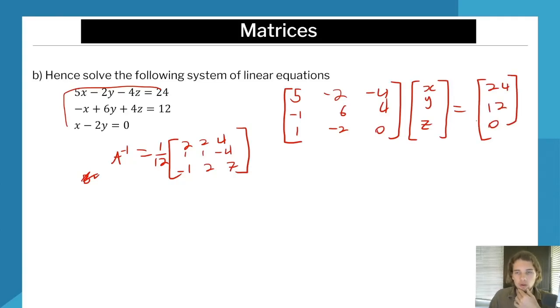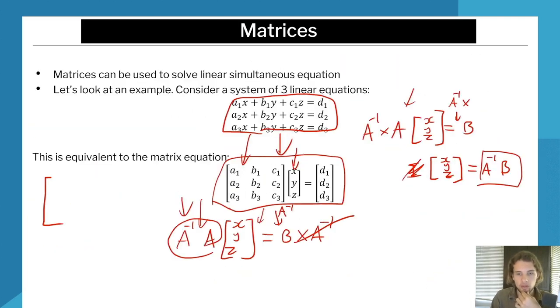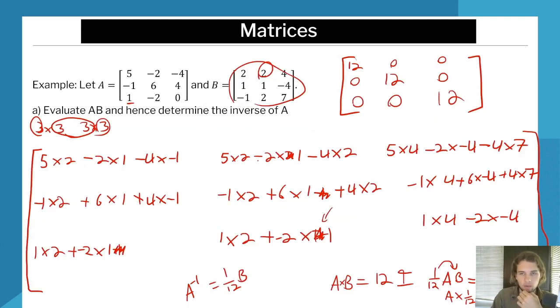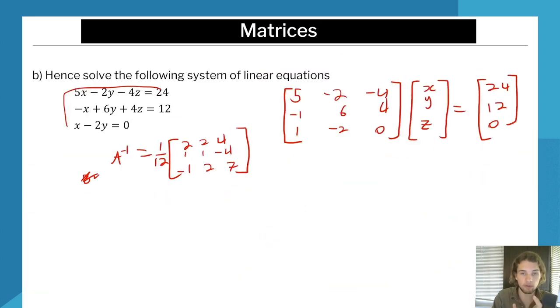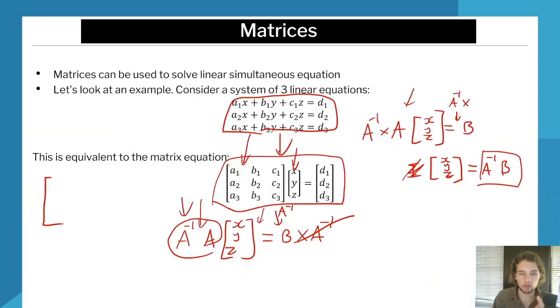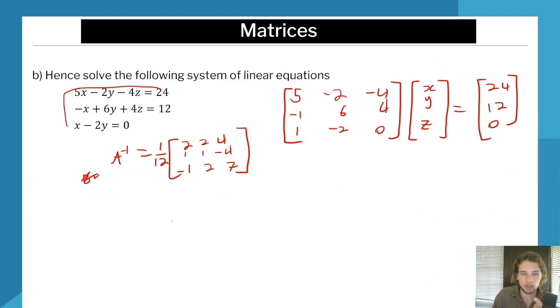So now, again, following the system of finding simultaneous equations that we were using over here, we can consider A times x, y, z is equal to 24, 12, 0. We can consider multiplying everything by this.